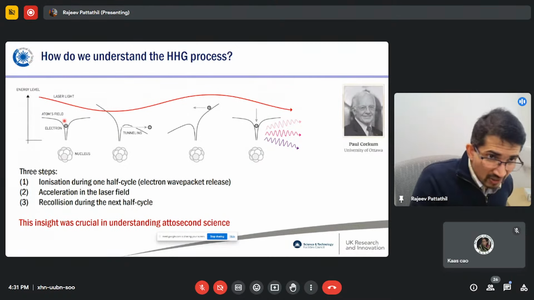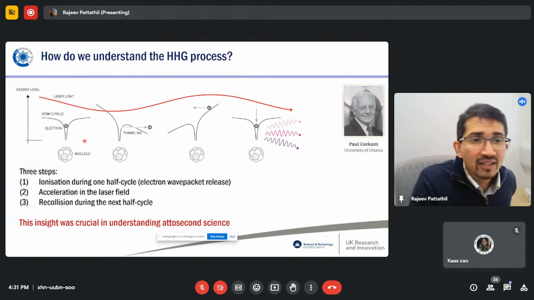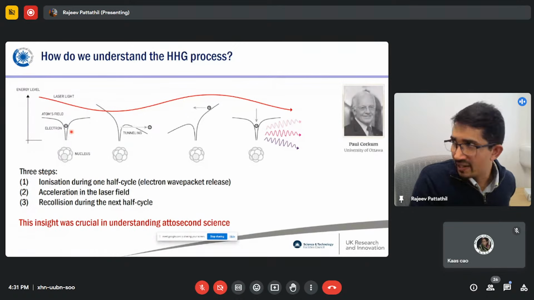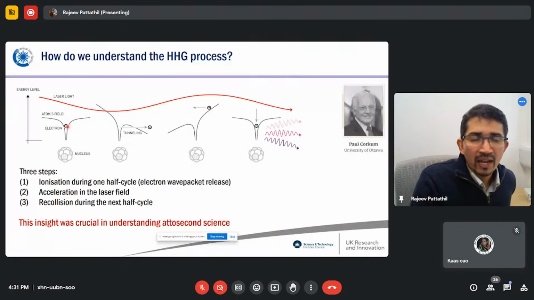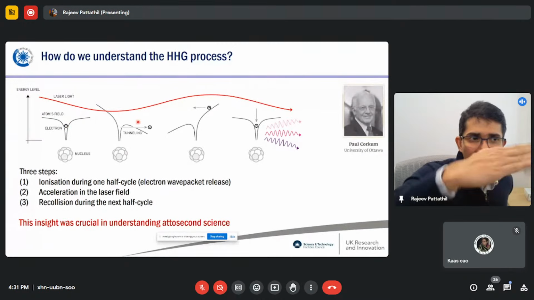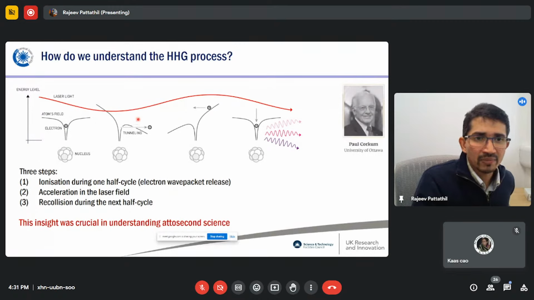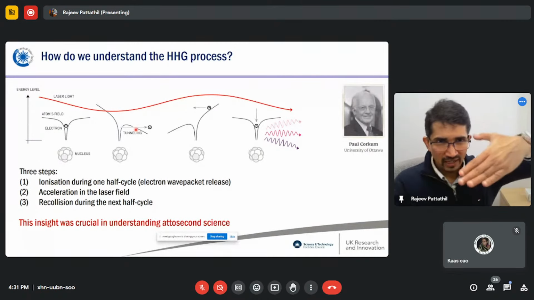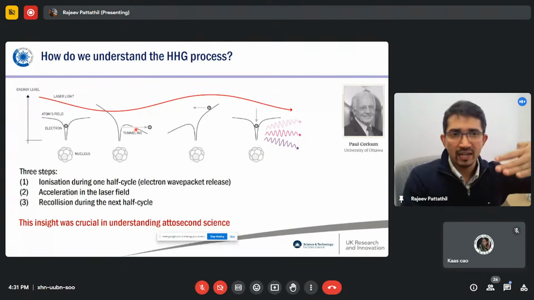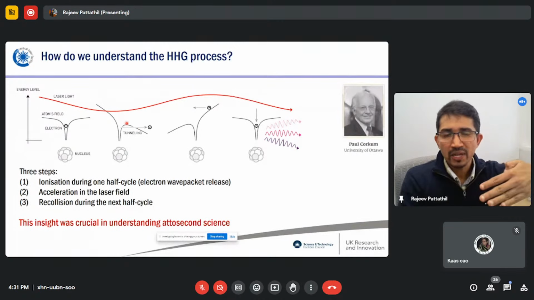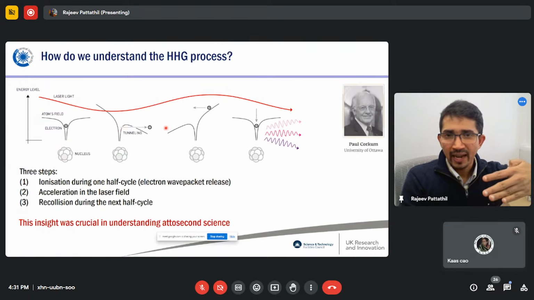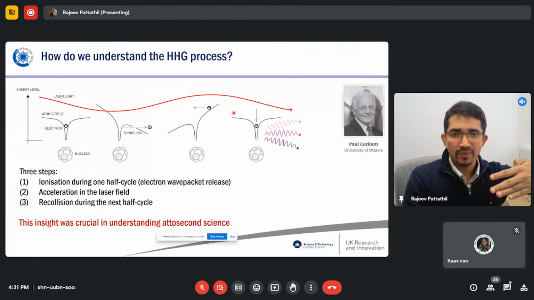So the explanation was, imagine an atom, you have the electron bound by the atomic potential, or in the quantum picture, a wave packet, and during one half cycle of the light field, the electric field will point in one direction. It can lower the atomic potential in one way, so much so that the electron can actually tunnel through, and this electron can almost get out of the atom.